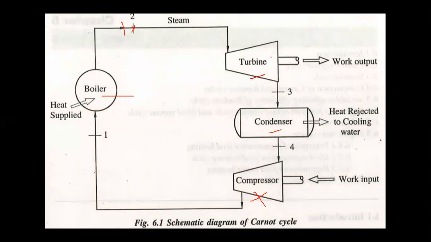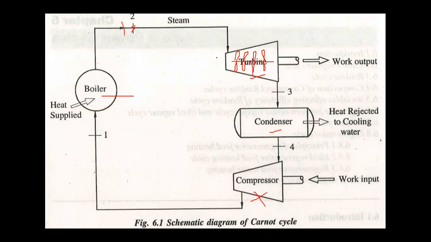And after point 2, we supply this steam into the turbine. Turbine is defined as a device that can produce mechanical energy by the expansion of steam. We all know that there are n number of blades attached in these turbines. So these blades are running with the help of this steam, which has the highest pressure.